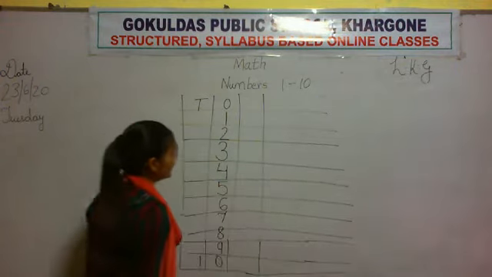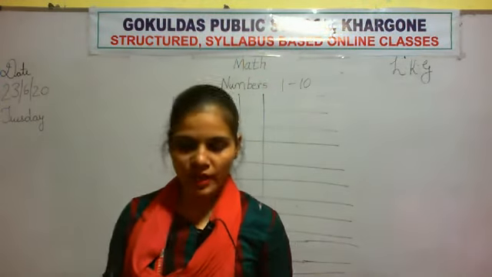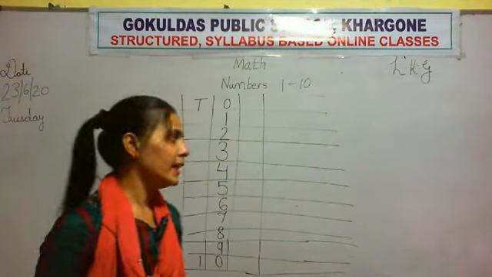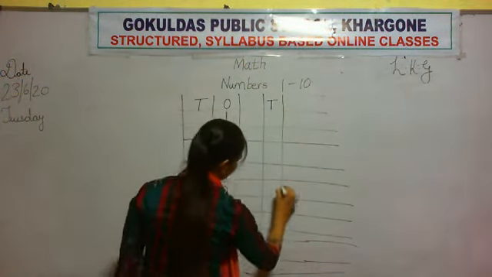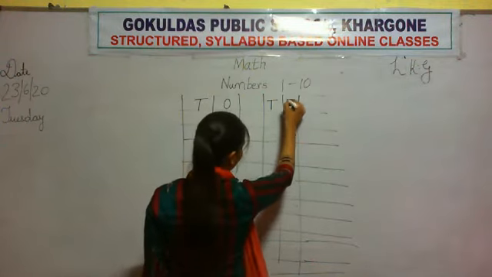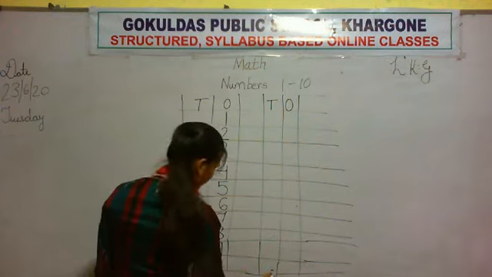How many times do we write numbers 1 to 10? 4 times. One page. You write a full page, write 4 times. Here again tens, again ones and write full 1 to 10.